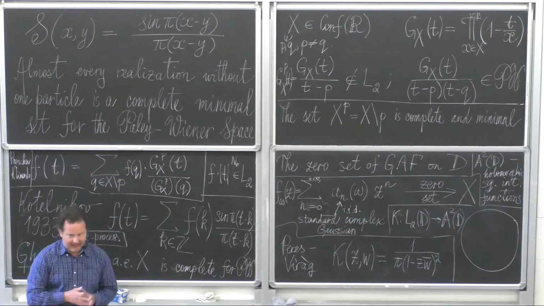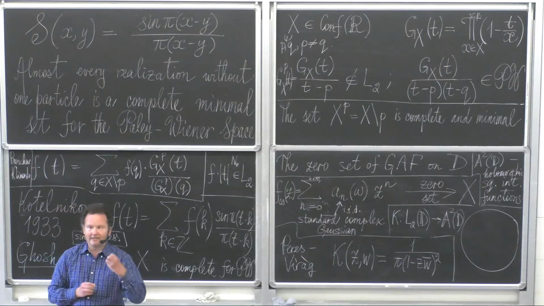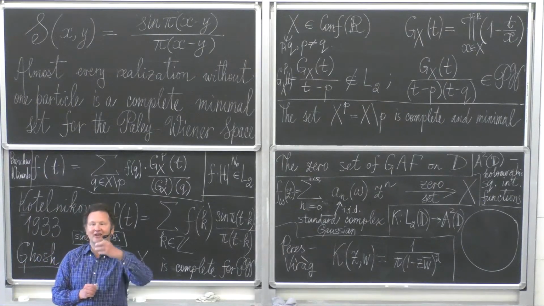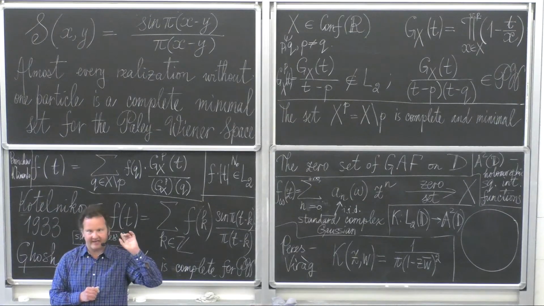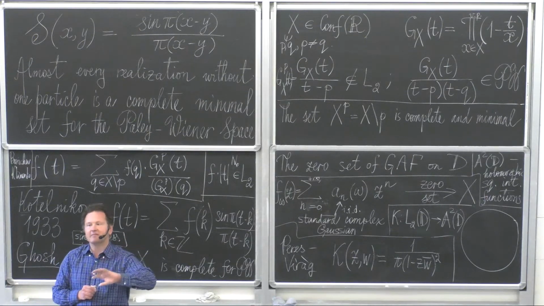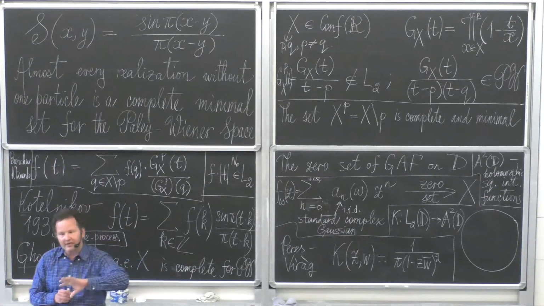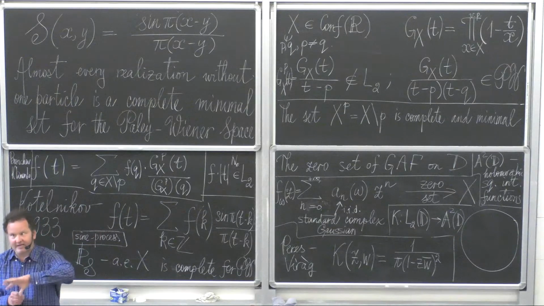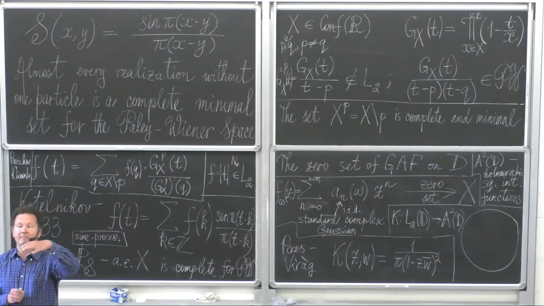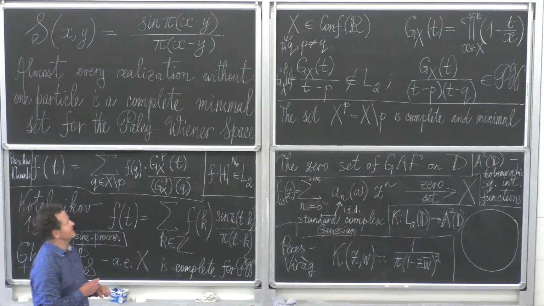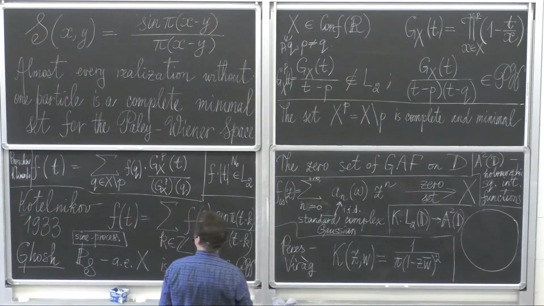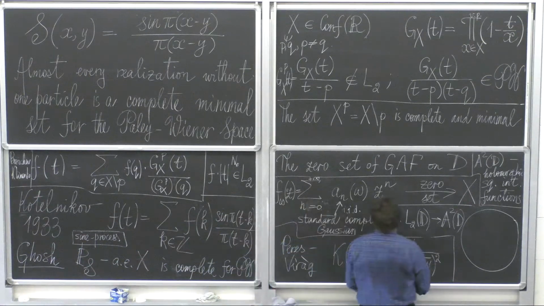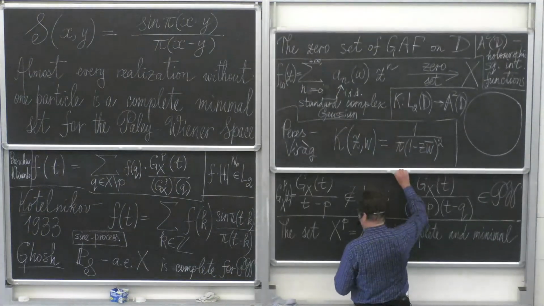And in fact, now we can ask ourselves about the connection, just in the same vein as here, between the zero set of the Gaussian analytic function and the Bergman space. Okay, let me continue here.